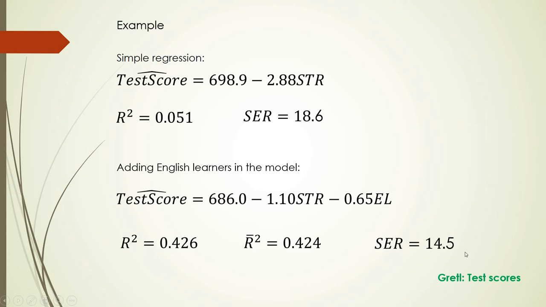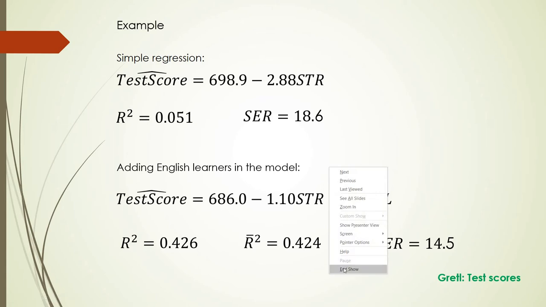And our standard error is lower in comparison with the simple model. But anyway, the true value of R-square should be this. So 42.4% of variation in test scores is explained by variations of student-teacher ratio and percentage of English learners.